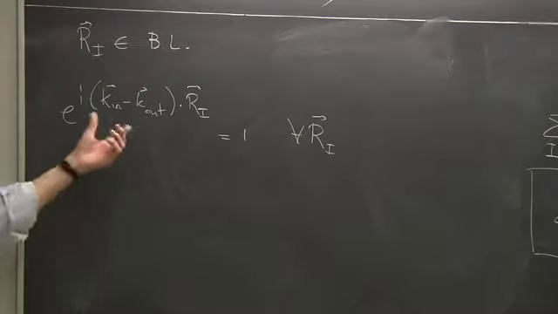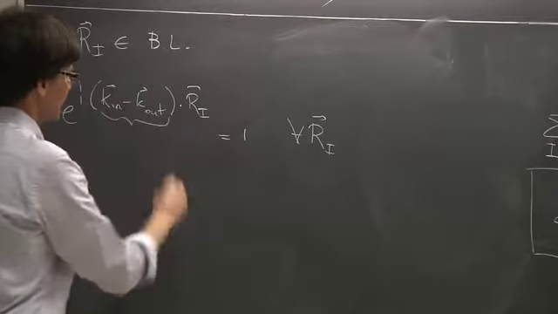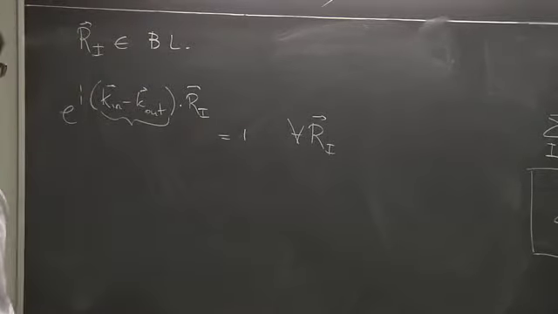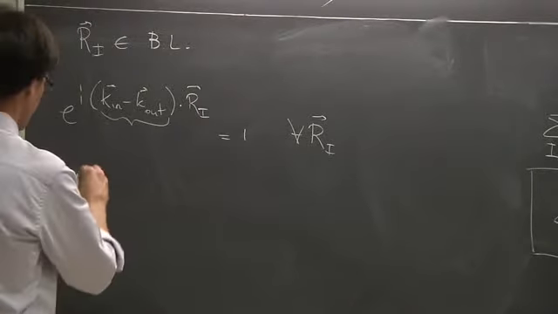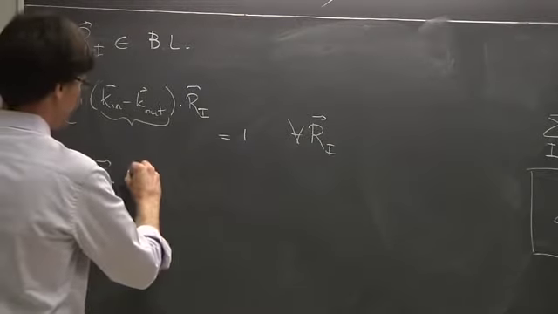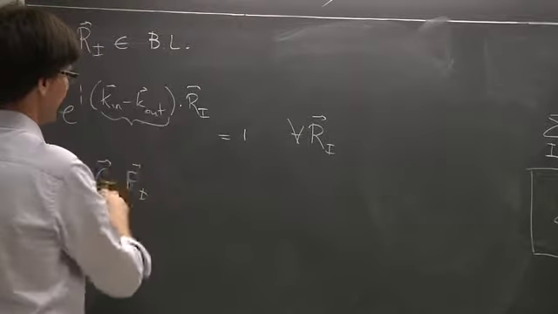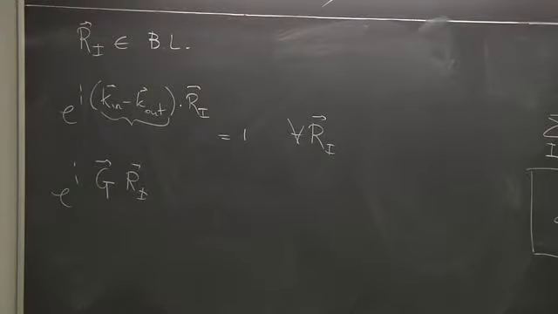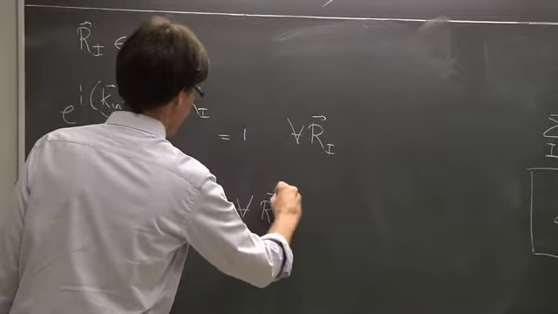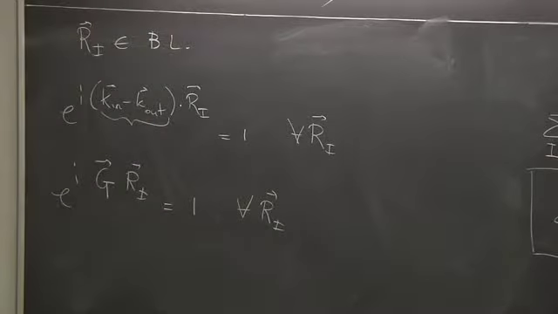Is there any other choice of this difference that makes this equal to 1 for all points in a Bravais lattice? So can I find a vector G? I'm simplifying the notation, simply calling this difference G, such that this is 1 for every value of the position of the atoms in a Bravais lattice.